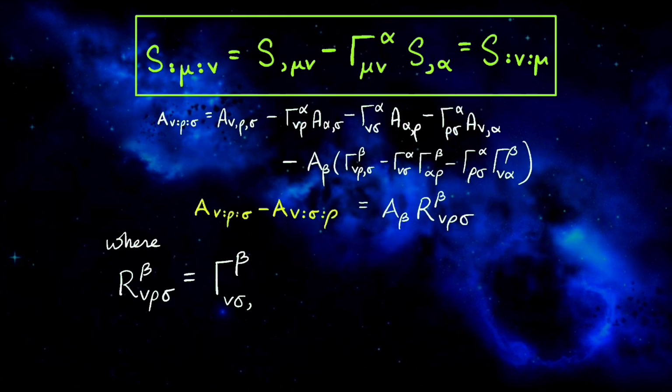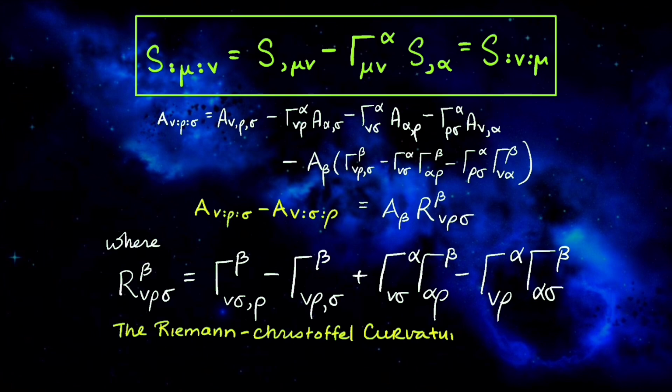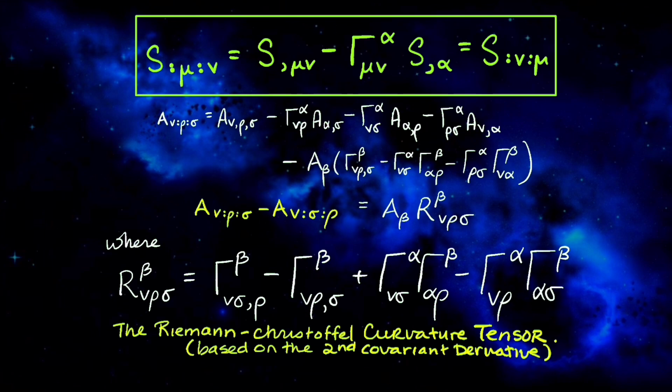This quantity here, written out in terms of all of the Christoffel symbols of the second kind, the first two being derivatives of those Christoffel symbols, is called the Riemann-Christoffel curvature tensor. And it is based on the second covariant derivative. And it also obeys the quotient theorem.